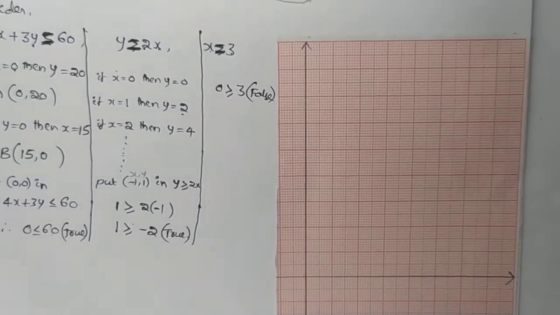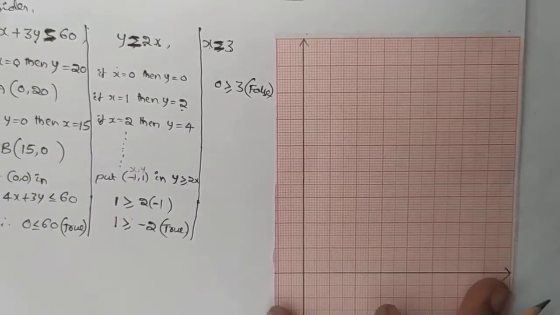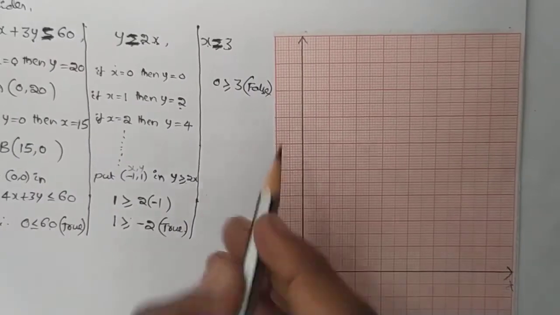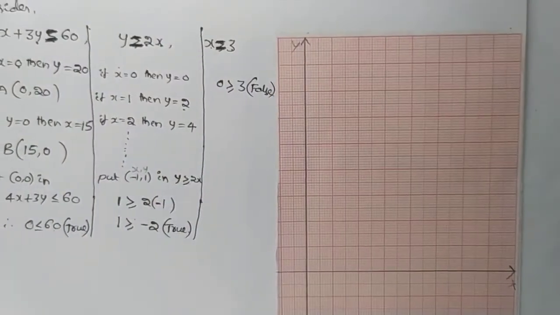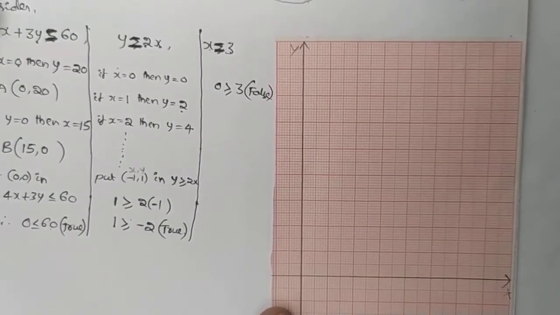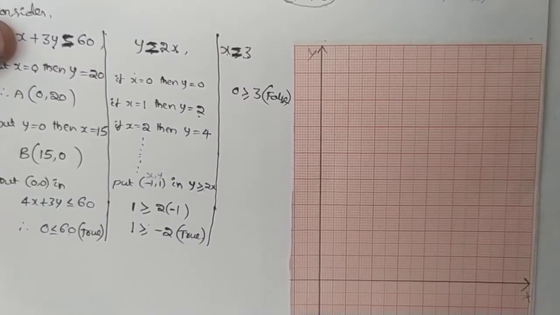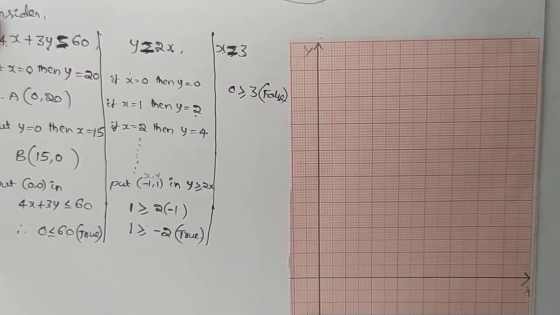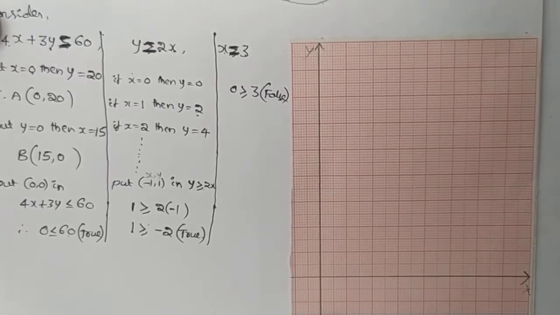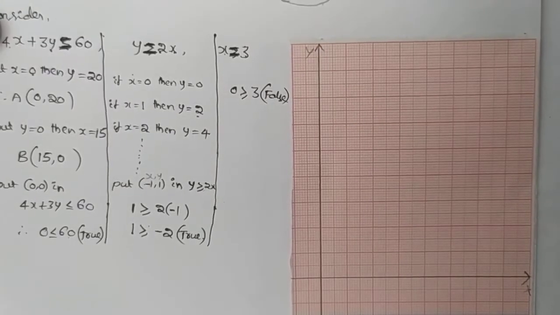I don't have so much space in this graph, so I am going to take the positive values of the x axis, and the y axis will be 2, 4, 6, 8, 10, like that. I think you will have more space in your graph notebook, so you can take the values on the x-axis as plus 1, plus 2, plus 3, plus 4, plus 5, plus 6, and so on. Then only the graph will be very clear.